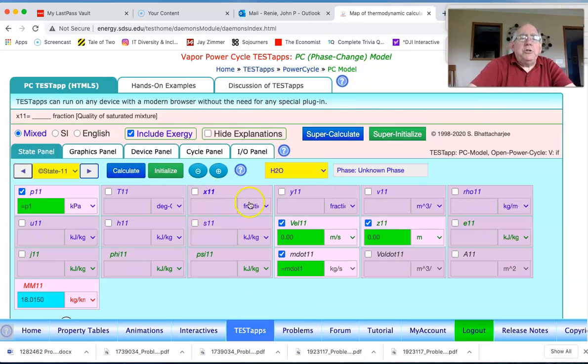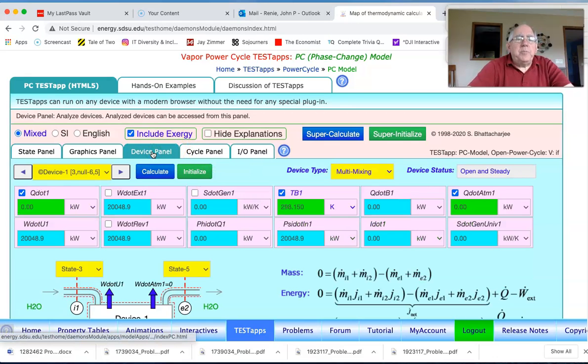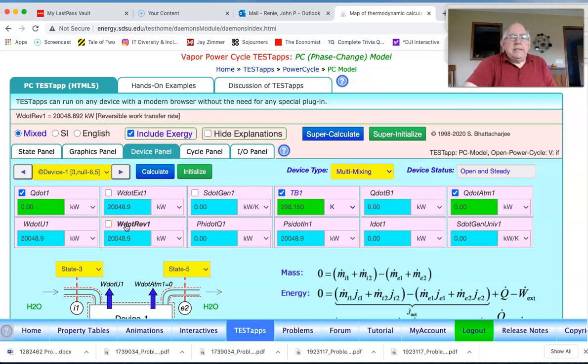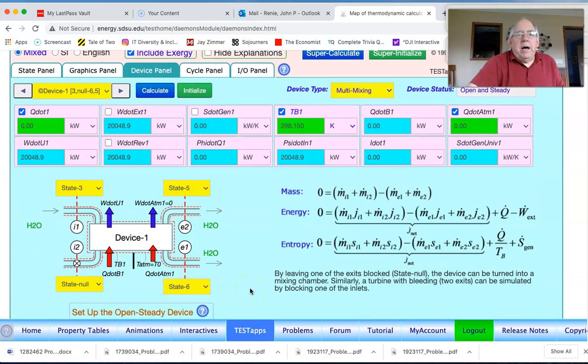So the first thing we should do is go over to the device panel. And the first device panel that you see here is the device panel that corresponds to the isentropic turbine. So we see state 3 coming in, which has 80% of the fluid, and then state 5 coming out, which is 60% of the fluid, and state 6, which is the remaining 20% of the fluid.